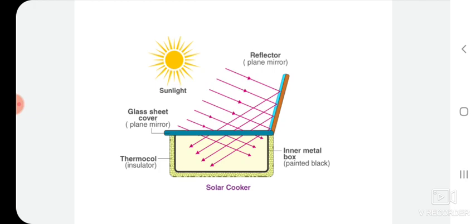A solar cooker is placed in the sunlight and the plane mirror reflector is adjusted in a way such that a strong beam of sunlight enters the box through the glass sheet.